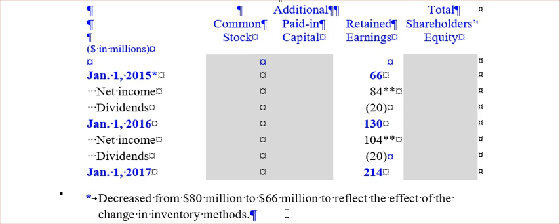And we said that effect in 2014 was 14. So you need to change from that previous, they said do it using the FIFO method, and that's the one above it. They're having you do that because they want you to see that that number is going to change. It's going to change from 80 to 66 because in 2014, once that was restated, the beginning number would have been 14 different. It would have gone down by 14.